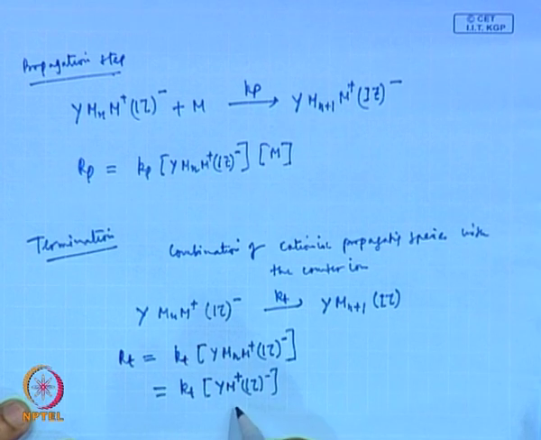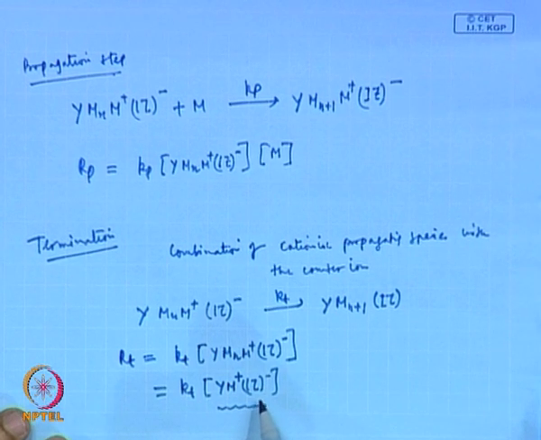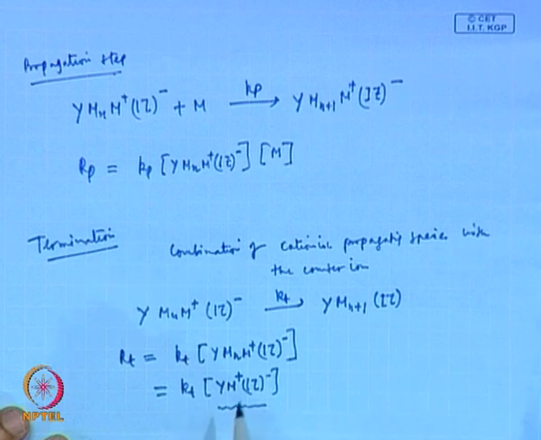So, this is the summation of the concentration of all the cationic species present in the reaction medium, M1, M2, M3 and so on. So, for simplicity we are just omitting the subscript and writing M plus. Again, this is the summation of the concentration of all the cationic propagating species present in the medium.